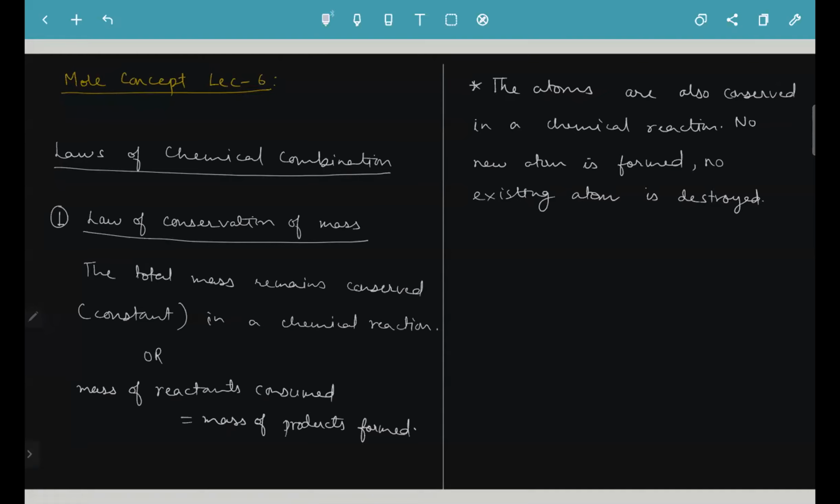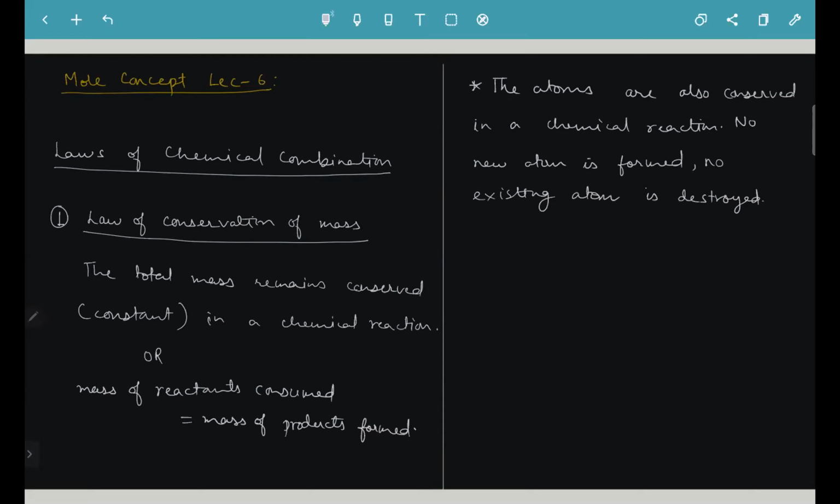Do we have any exceptions to this law? Nuclear reactions are exceptions.